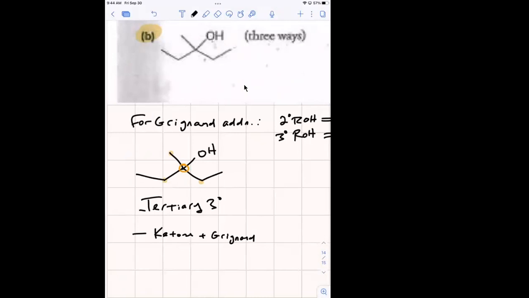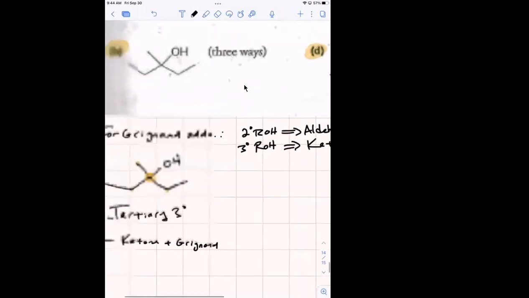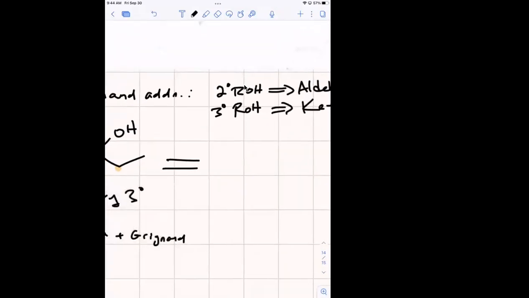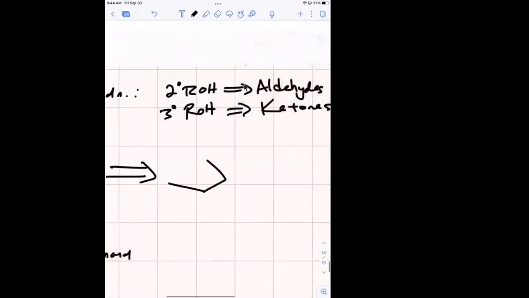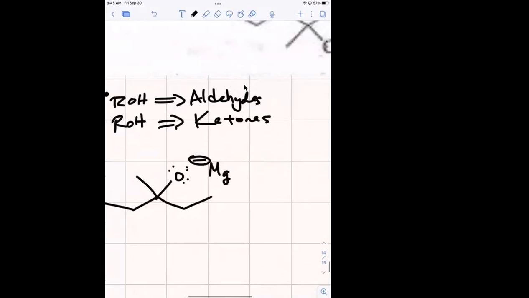So it says 3 ways. Let's do 1 way. Well, first, let's get to the intermediate, because any Grignard that we do or any retrosynthesis that we do is going to come from the intermediate. Is that right? Because we have to take off the proton here. This is negative, and I'm just going to put a magnesium. What do y'all want to use? Iodine?